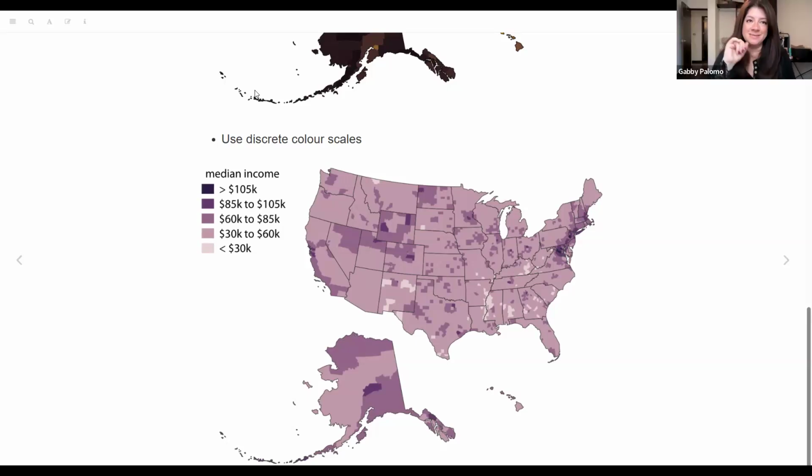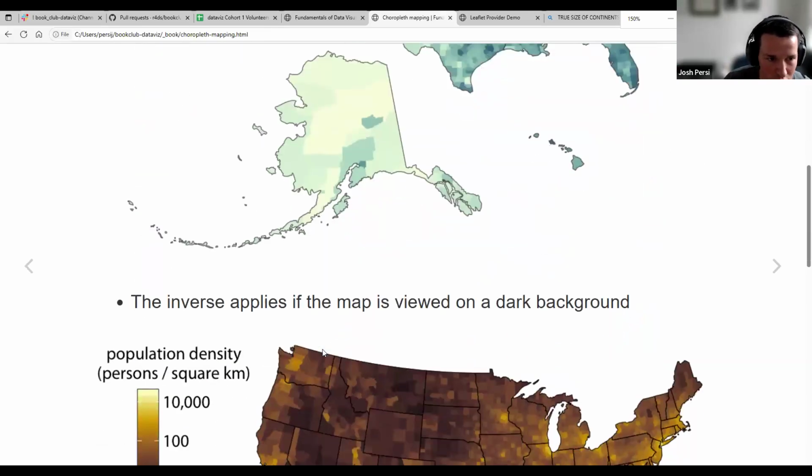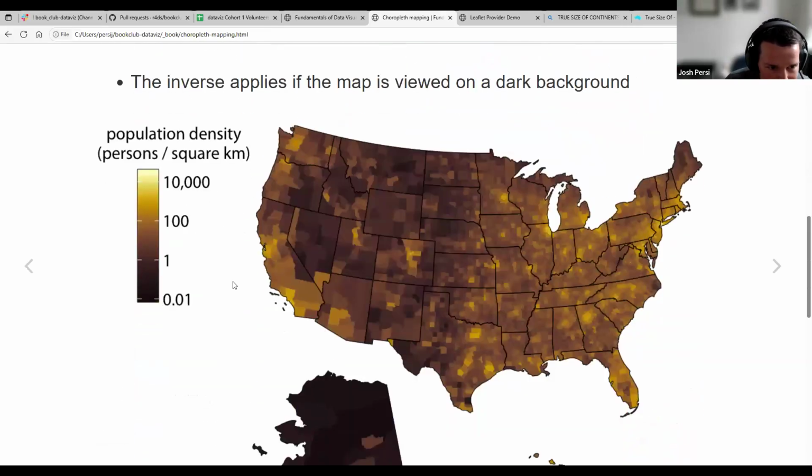Thank you. So to continue with choropleth maps, the author says that quantitative color scales are hard to interpret, because what exactly does that brown correspond to? Is it 0.01?